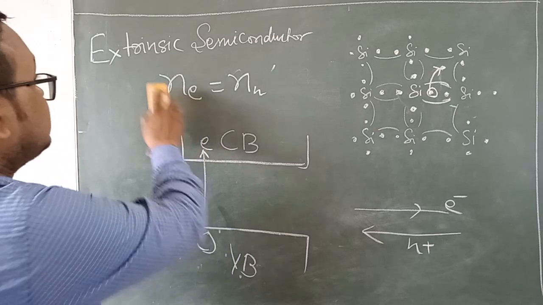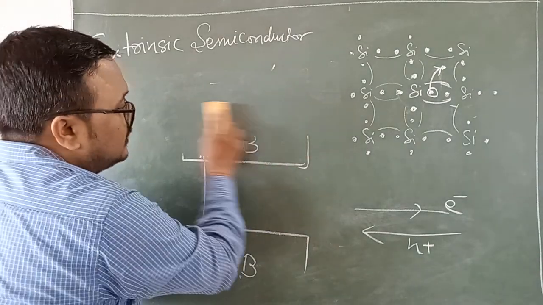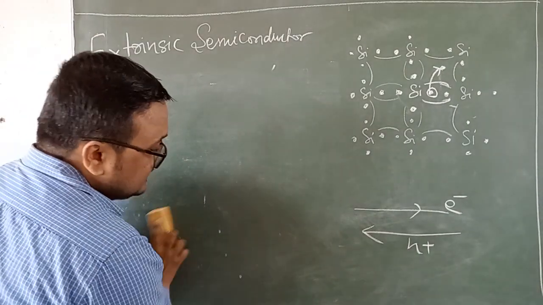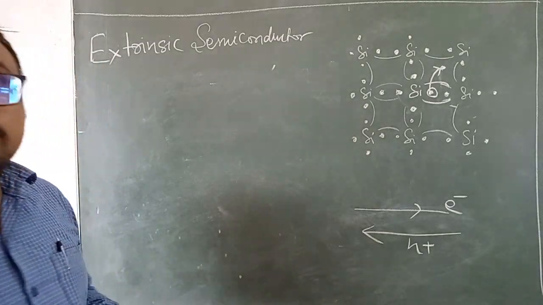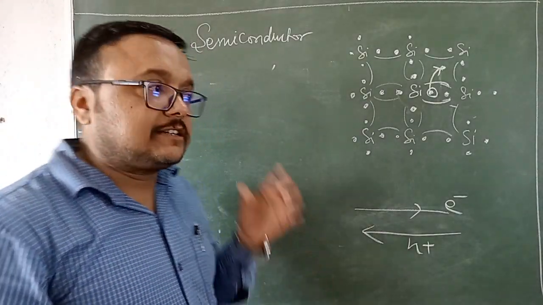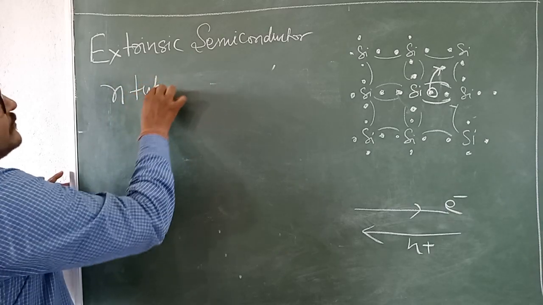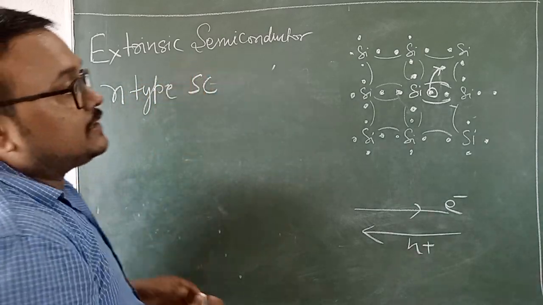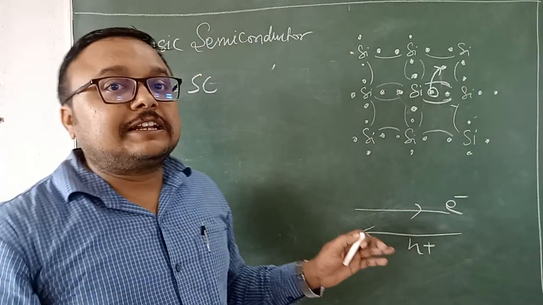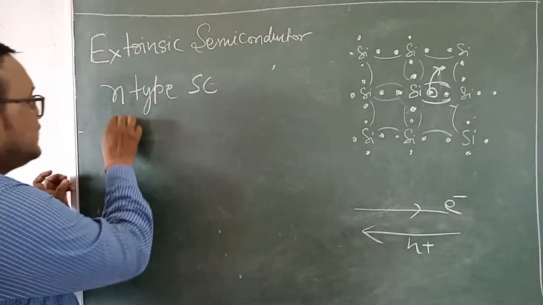Extrinsic semiconductors have two types: one is N-type semiconductor and the other is P-type semiconductor. First of all, we talk about the N-type semiconductor. The N-type semiconductor is doped with pentavalent impurity.